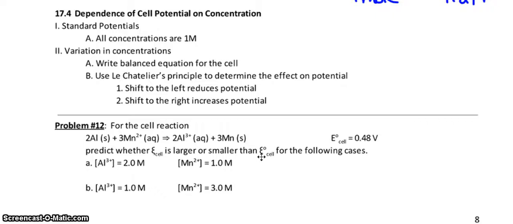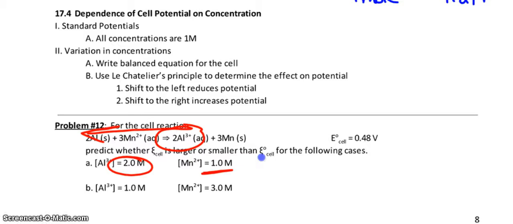In letter A, the aluminum ion concentration is larger than 1 molar. The manganese ion is standard, and the aluminum ion increased. According to Le Chatelier, if I increase this number, it's going to shift to the left to relieve the stress, and we learned that back in the equilibrium chapter, chapter 13.